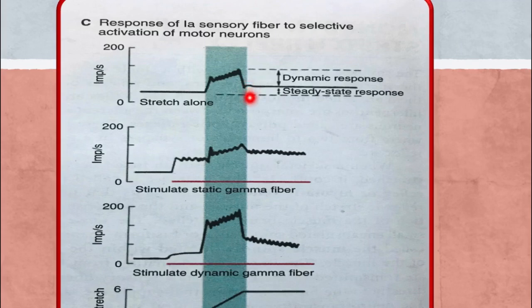So, this segment in between the basal line and that static response is the steady state response. From the basal line, this dashed line, to the uppermost dashed line, this is the entire activity happening in 1A fiber, and we all know 1A fiber is involved with dynamic as well as static.